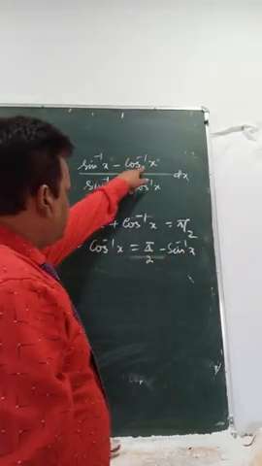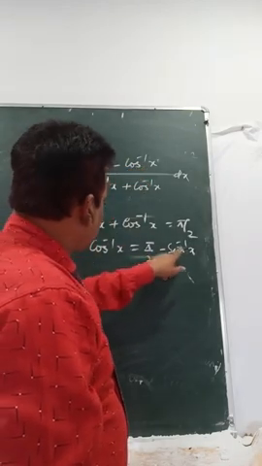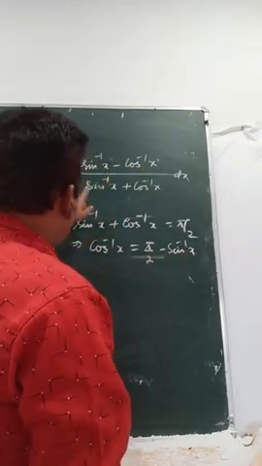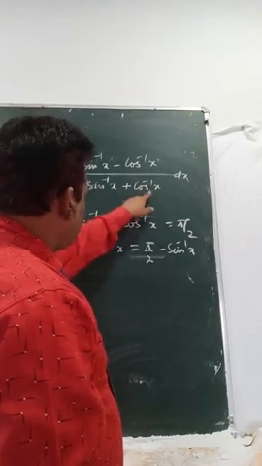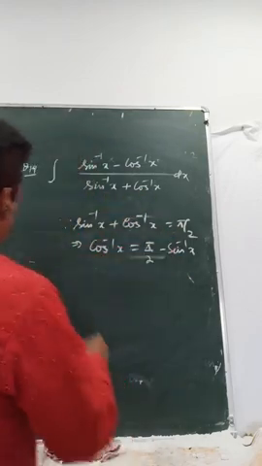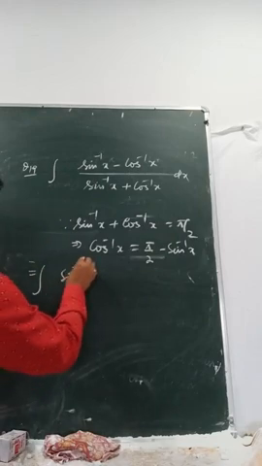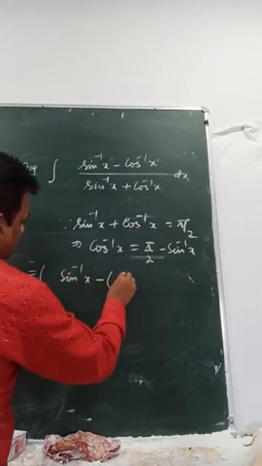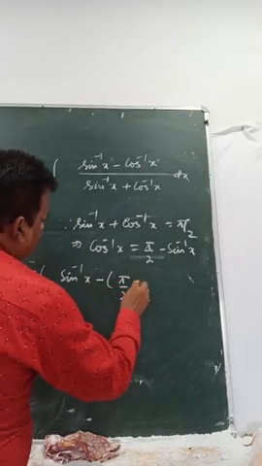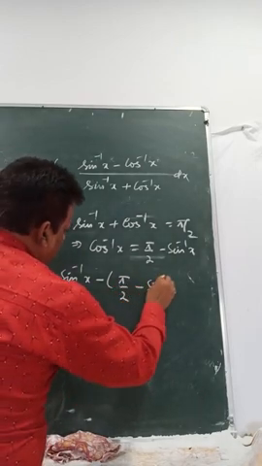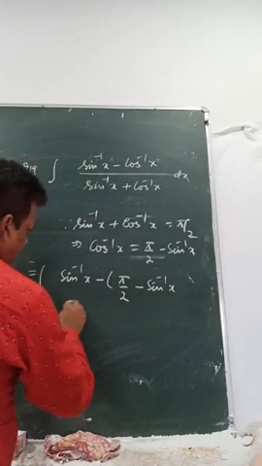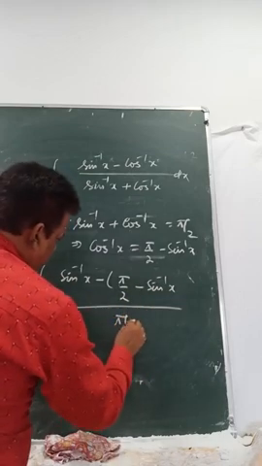So in place of cos inverse x you write pi by 2 minus sin inverse x, and in place of the denominator you write pi by 2. So it became sin inverse x minus pi by 2 minus sin inverse x, divided by pi by 2, dx.